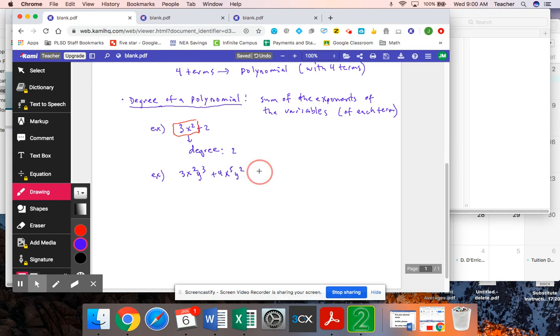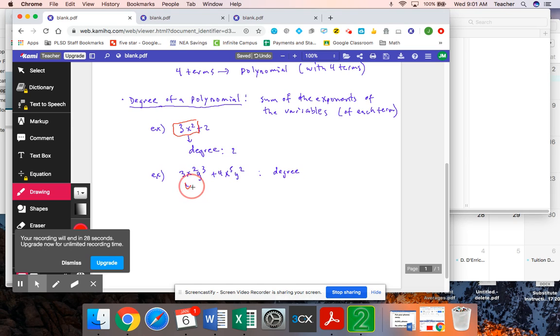And if I ask you for the degree, I would look for the highest degree of either of those. The degree for this one will be 5. The degree for this one will be 7. I'm looking at this and this, this and this. So the degree for the whole thing is equal to 7, the highest of the two.